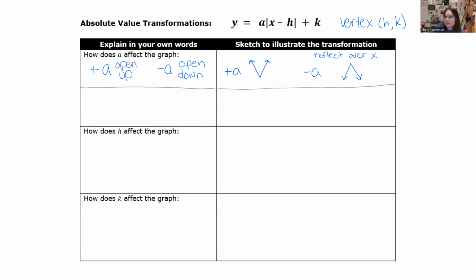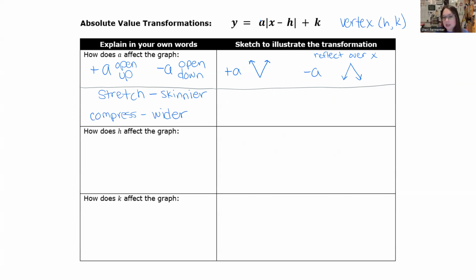So this happens that you can stretch, and your graph looks skinnier. Or you could compress, and the graph is going to appear wider. Another way to think of the a value is that it's the slope for your line.